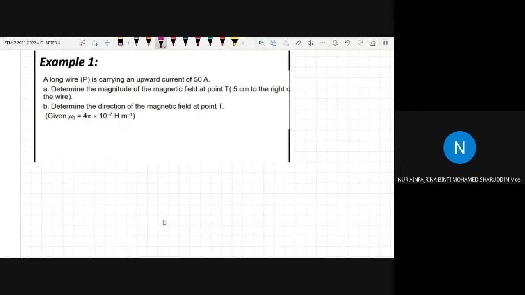Okay, once you guys are done, tekan nombor 1 di chat box here so that we can discuss. Okay, great. Siapa yang dah habis example 1, you may proceed to example 2. Example 2, number B is quite tricky. But okay je.